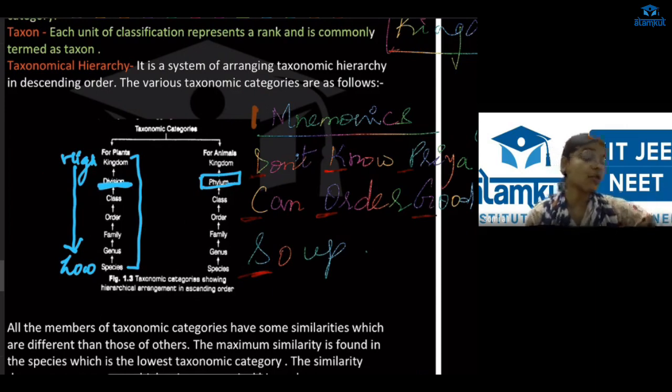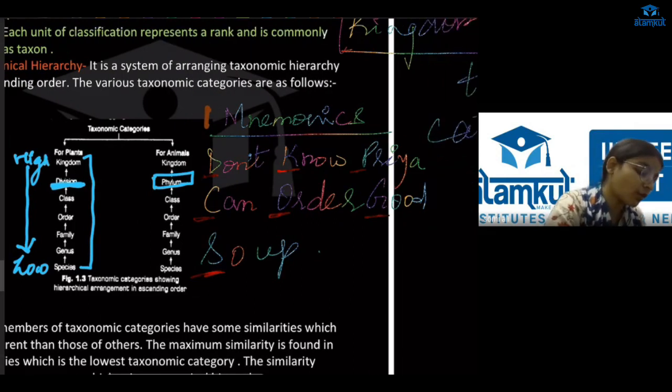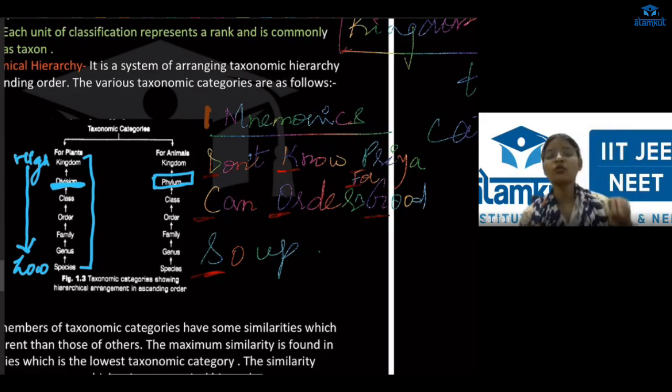That is why I've written don't know, priya, can, order, good, soup. D denotes domain, then K denotes kingdom, then P denotes phylum, then class, order. After that, I haven't written family. Order for, I forgot. So, order for good soup. This is the whole mnemonic of how you can learn taxonomical category.